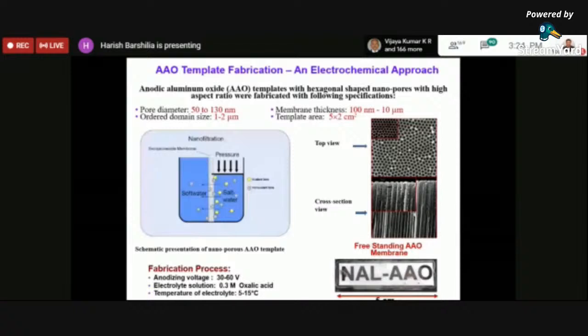The membrane thickness can be varied from a few nanometers to a few tens of micrometers. With a few tens of micrometers there is no problem in handling, but when the thickness is very low, handling becomes very difficult. Nevertheless, the physical strength of these membranes is very good, so they can be used as freestanding membranes for various applications.